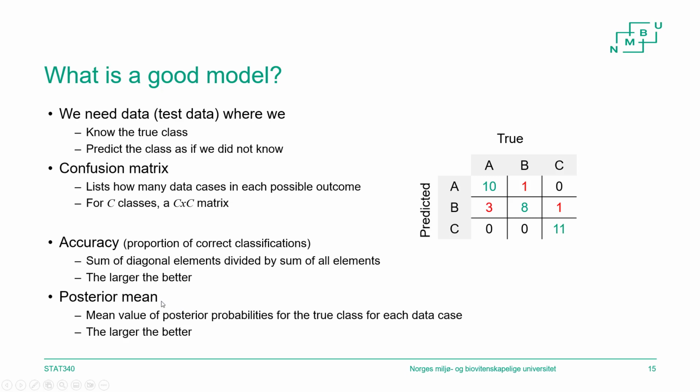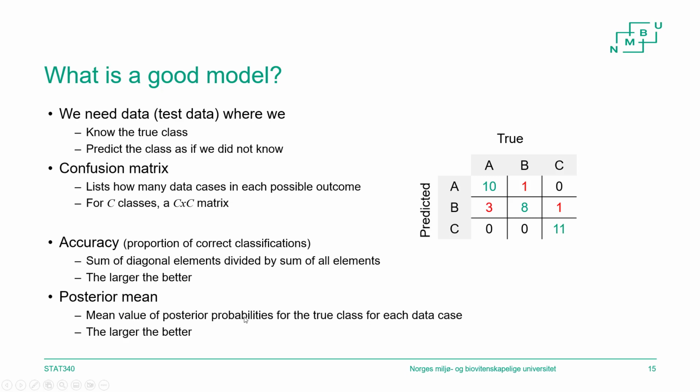Remember that the posterior probabilities indicate how certain you are of each classification, right? So instead of simply counting if you are wrong or right, you can add up the posterior probabilities for the true class in each data case. And if this is big for the true classes in each case, you get a big posterior mean, right?